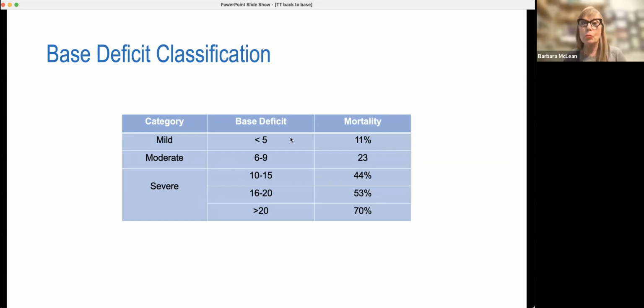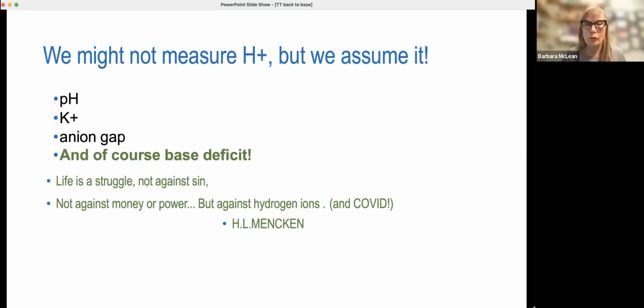But I think it's really important to say, I'm going to try like crazy never to let my patient's base deficit get greater than -9. Now, sometimes patients come to us and they've already got a base deficit of -15, and everything we're doing is about getting them back from that. But base deficit is correlated to severity of metabolic acidosis and therefore is a mortality predictor.